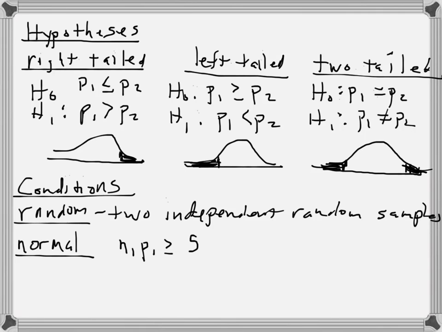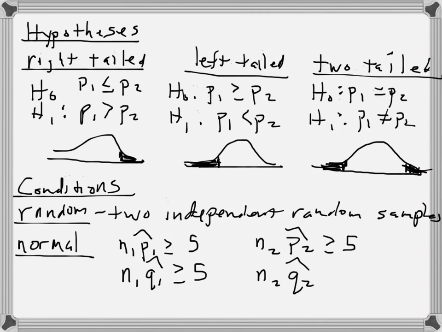Well, we need that np is greater than 5 and nq is greater than 5, and that was q hat. But now we have to check it for both populations. So our nps and nqs should all be greater than 5. That applies for the first population, and it applies for the second population.